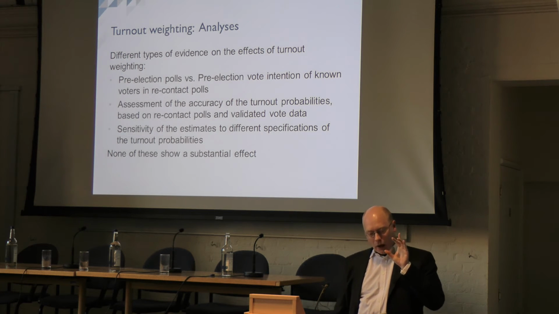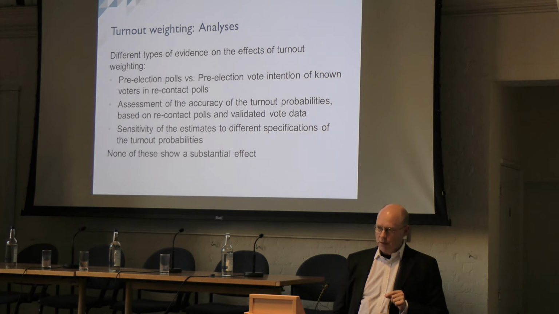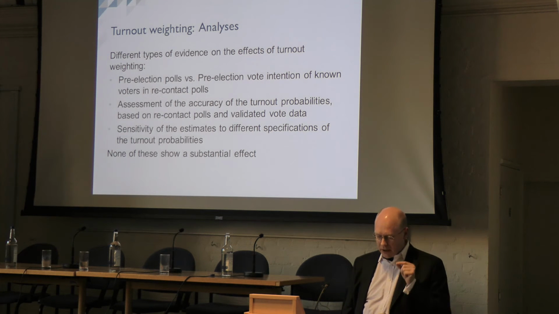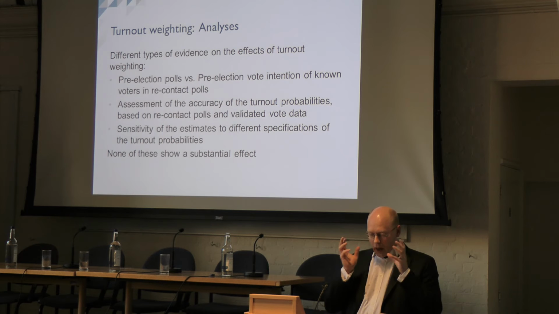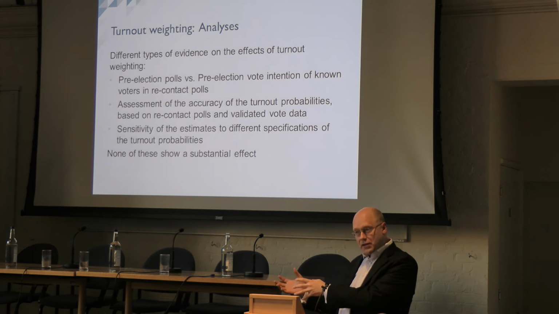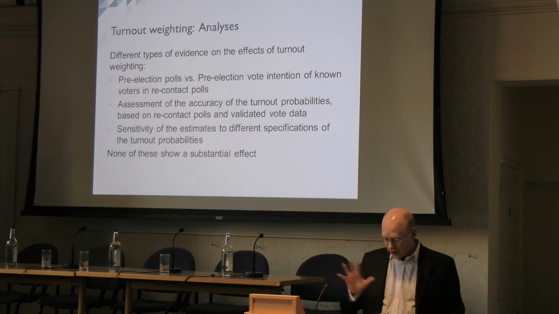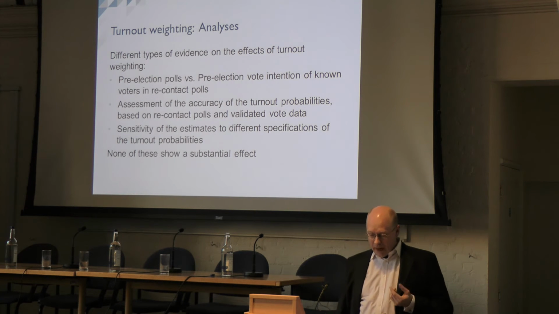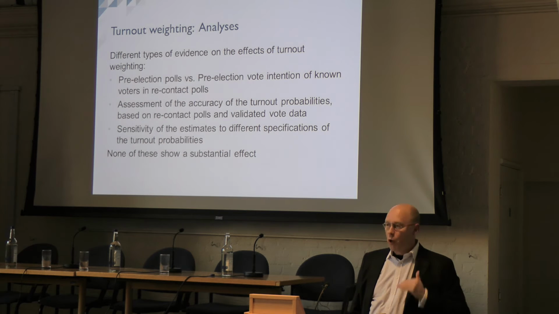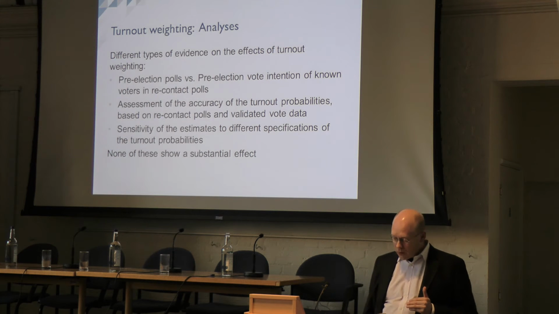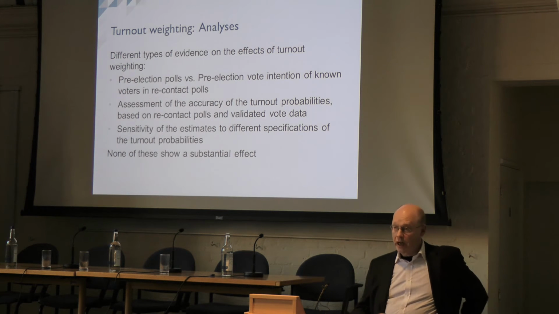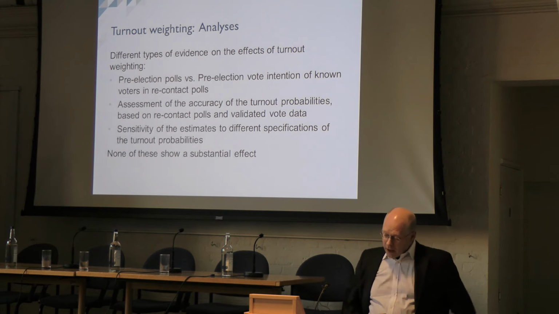The question is asked before the election in both cases. The only thing that differs is that in the second case, we know they are voters, so the turnout screen is not there. So that's the difference. That's one comparison, and there is no big difference there. I'm not showing you that. You've seen part of it already in an earlier plot.